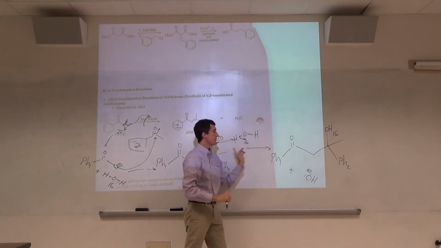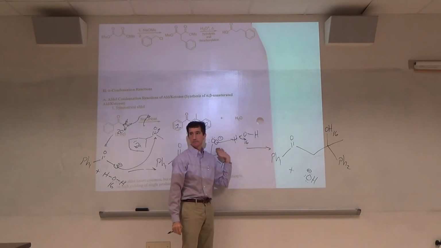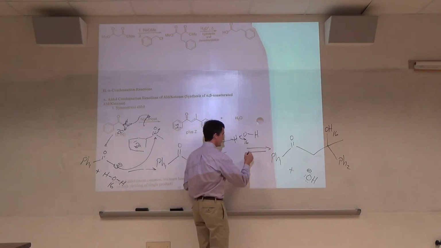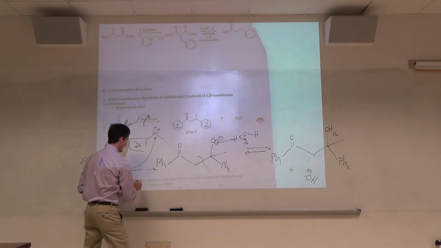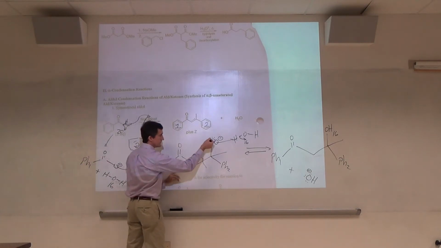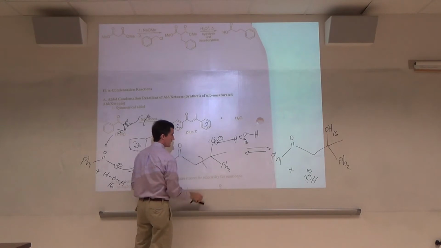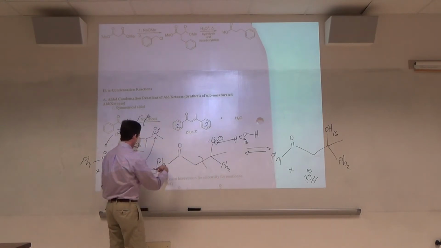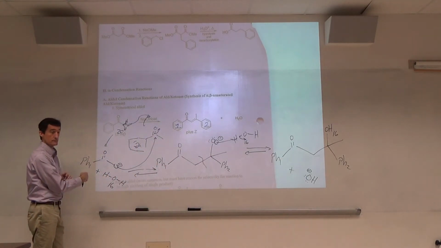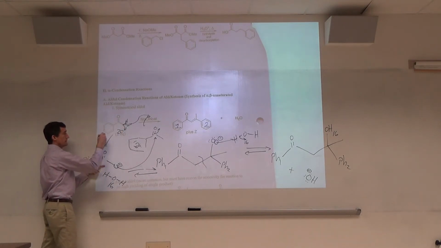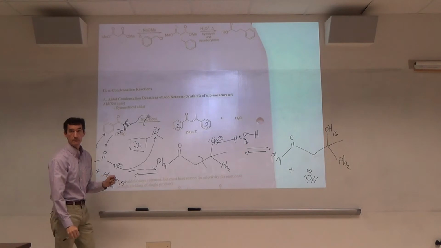You see, it's 50-50 there. It's going back and forth, because anytime you can make a pi bond and kick off a leaving group, that's easy to do. So that oxygen can kick that enolate back off. And once it gets kicked off, we know that's the favored form here, so all this is equilibrium.